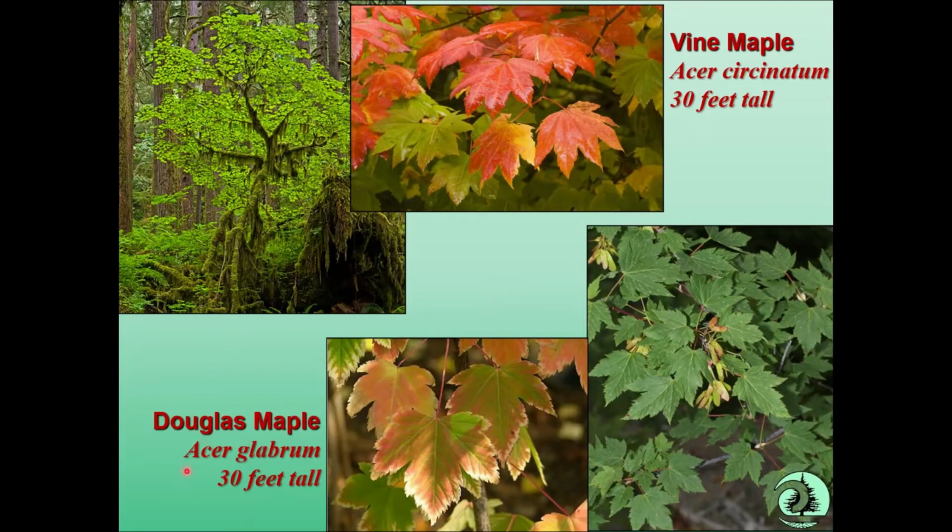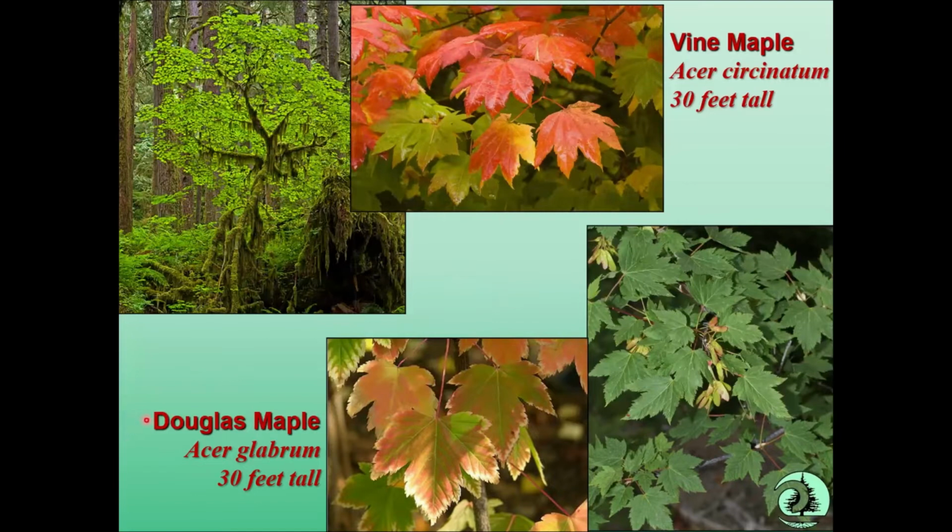The Douglas maple can handle drier conditions. It's a little bit more drought tolerant and can handle a little bit more sunny conditions. The vine maple can handle forest margins or it can handle deep shade as well. And once again, you have this wonderful moss coverage, the epiphyte coverage on these maples.